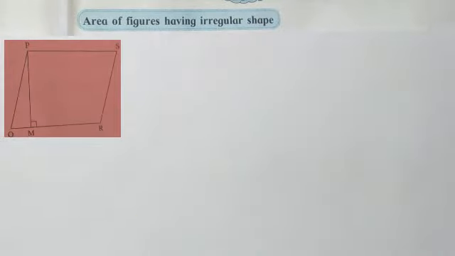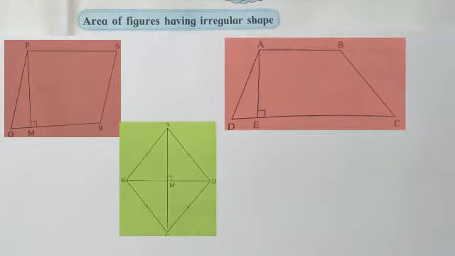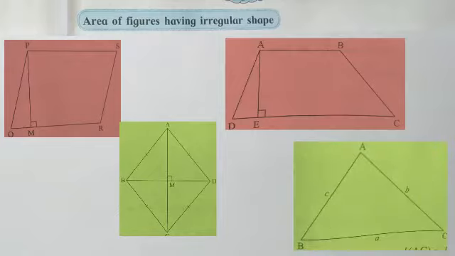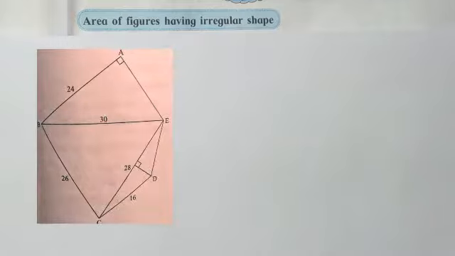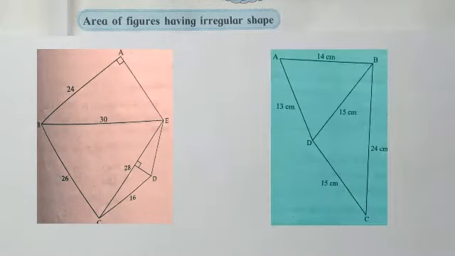Students, in our previous videos we have learned how to find out the area of parallelogram, rhombus, trapezium and triangle. But today we are going to learn how to find out the area of figures having irregular shapes.